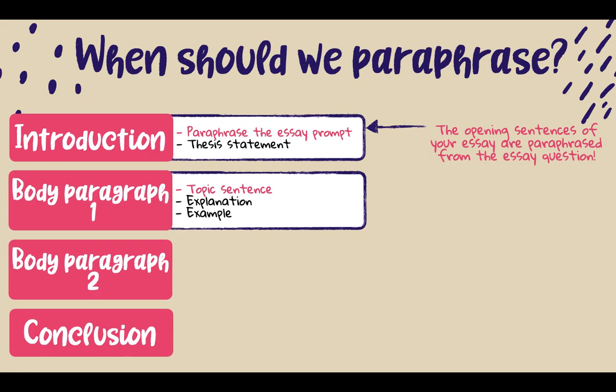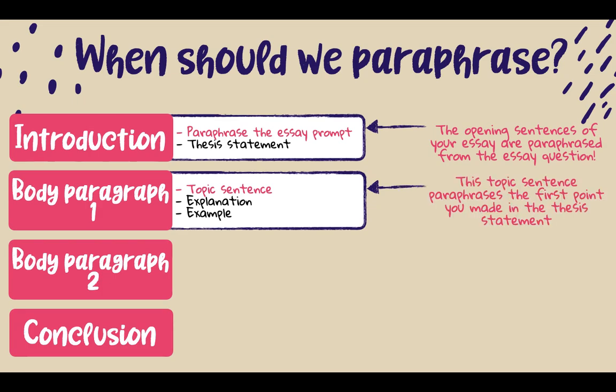You might also know these as point, illustration, explanation. There are several different ways to write the body paragraph structure, but doesn't matter which structure you use, probably the first sentence will be some sort of paraphrase from your reason in your thesis statement, okay?